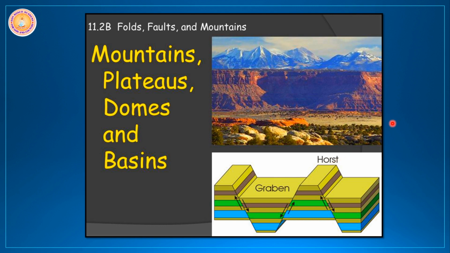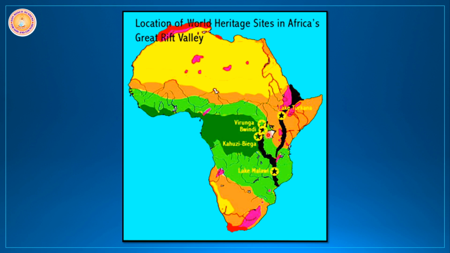Rift valley is very distinctly seen in the eastern part of Africa. It extends from Mozambique in the south to Syria in the north, covering nearly 6,440 kilometers.